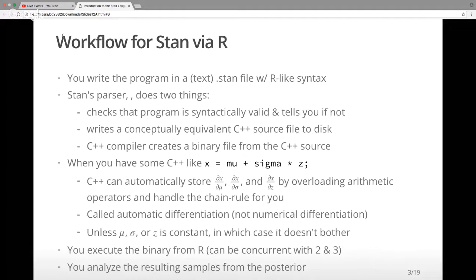It then writes a conceptually equivalent C++ source file to disk. So the Stan program that you write yourself is in a fairly high-level language. It gets translated to fairly low-level C++ that you're usually not even going to bother to look at, but it does get written to the temporary directory. And then the C++ compiler creates a binary file from the C++ source.